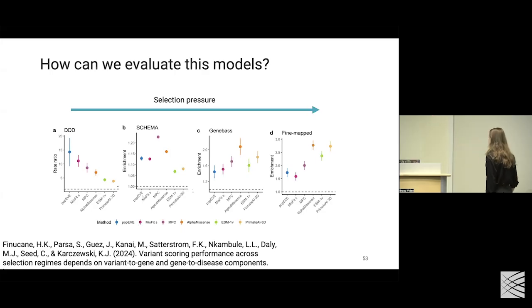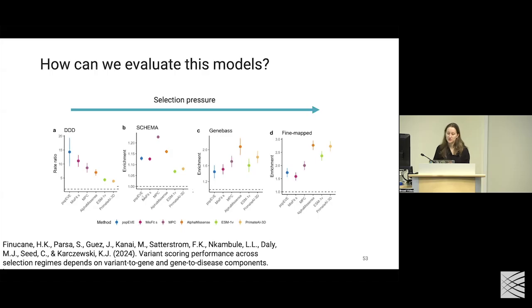It's really up to us, as computationalists who want to use and build these tools, to think critically about what the underlying data is and not blindly jump on the hype train of a new model. I wonder if this is going to give me the answer. Like, no, consider them all. Think about it. Look for really well-done guideline studies such as this to give you some bearings on how to interact with the models in this field.